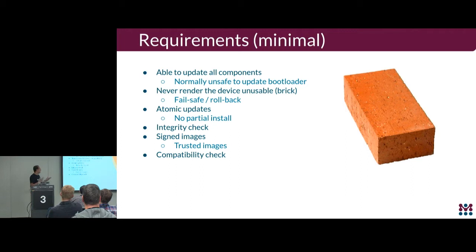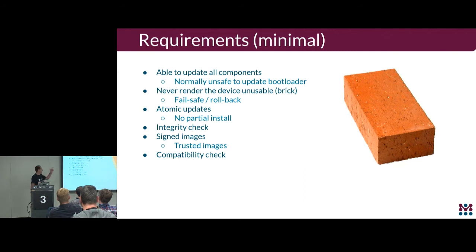So there are some minimal requirements when you're doing updates in general or over-the-air updates. You want to be able to update all the components, so even the Linux kernel, the file system, the device tree. But typically, the bootloader is a very application-specific thing. It depends on your hardware and whether it's possible to do it robustly, I would say.